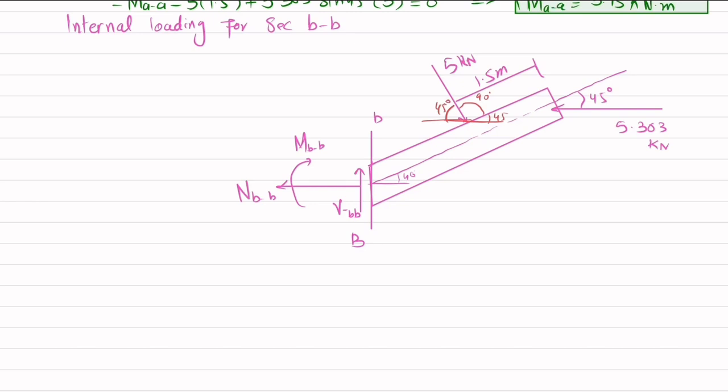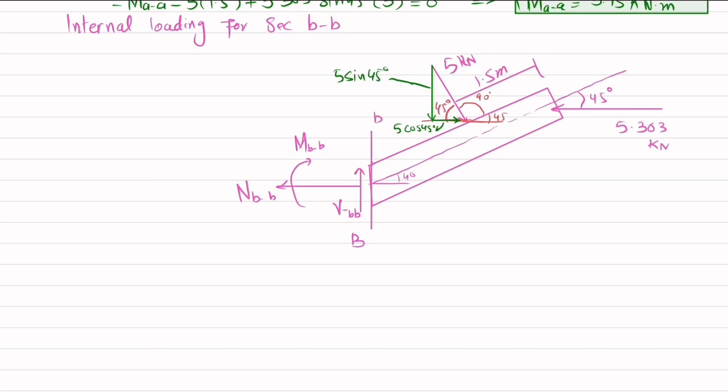You will have two components of this 5 kilonewton. One is this and the second one is this. This component will be 5 into sine of 45 degree, and this component will be 5 into cos of 45 degrees.